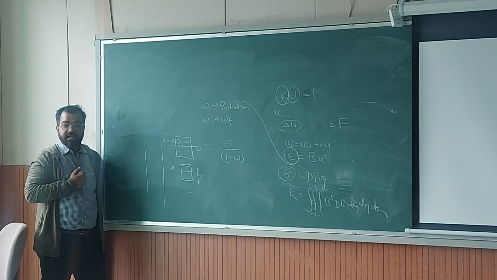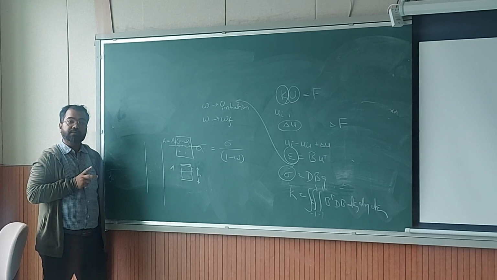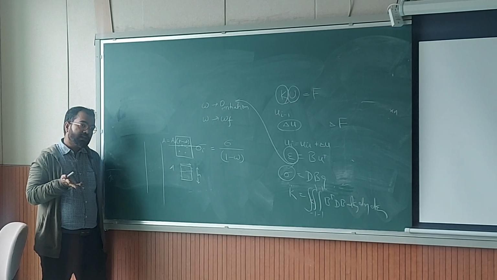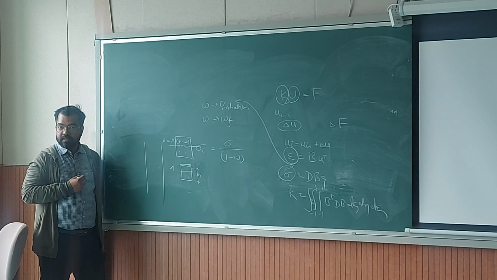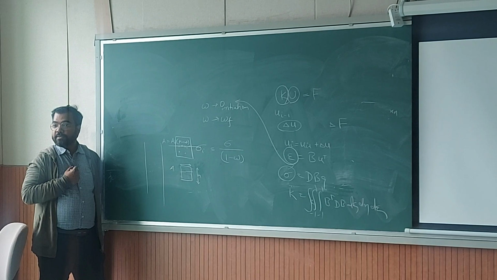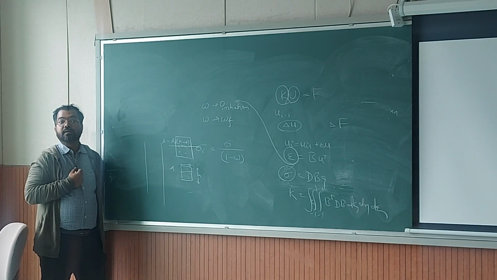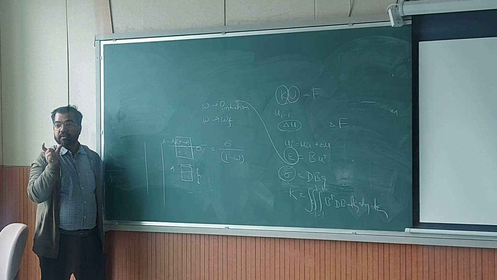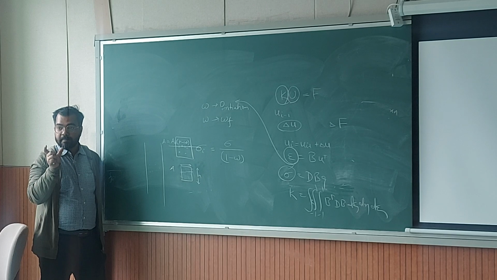And our yielding criteria has also not changed. Our yielding criteria is still based on von Mises. You can take Tresca. But that yielding criteria is not updated or enhanced by the damage parameter. So omega is not influencing the formula used for finding out whether or not the thing has yielded, right?